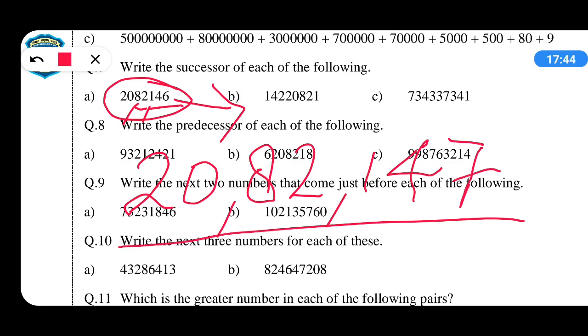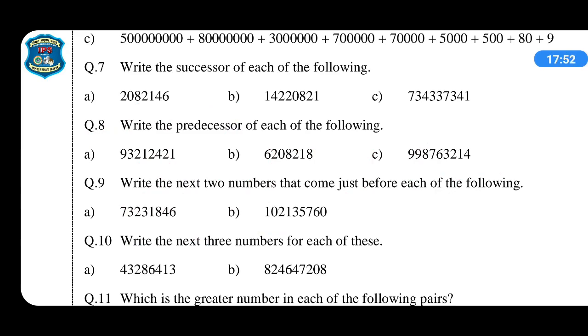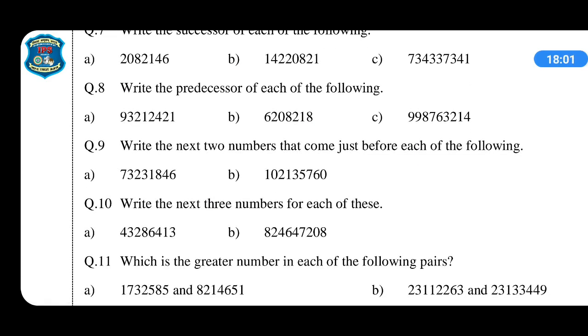So this is the successor of this given number, right? So in this way you have to find the successor. Got it? You can do the B part and C part.